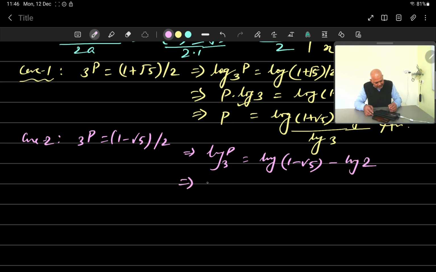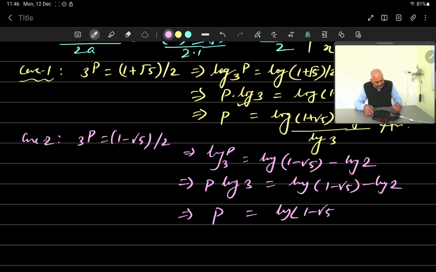This can be written as p log 3 equals log of 1 minus root 5 minus log 2, and therefore p is log of 1 minus root 5 minus log 2, divided by log 3. So you can find the solutions in this way: one solution for p is this and the other solution for p is this.